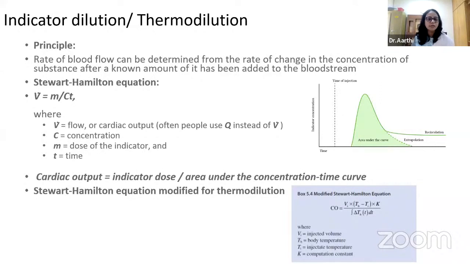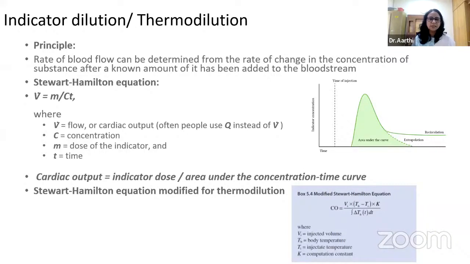So the principle to assess the cardiac output is based on the fact that the rate of blood flow, hence the cardiac output, can be determined from the rate of change in the concentration of a substance after a known amount of it has been added to the bloodstream. Stewart Hamilton arrived at an equation where flow is directly proportional to the dose of the indicator and inversely proportional to the concentration time curve.